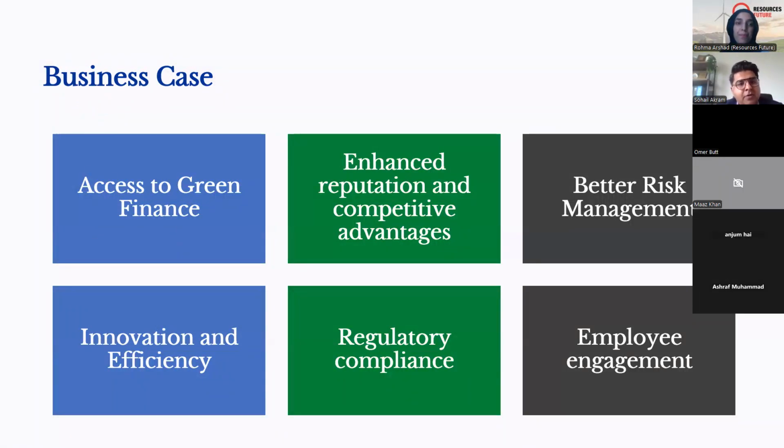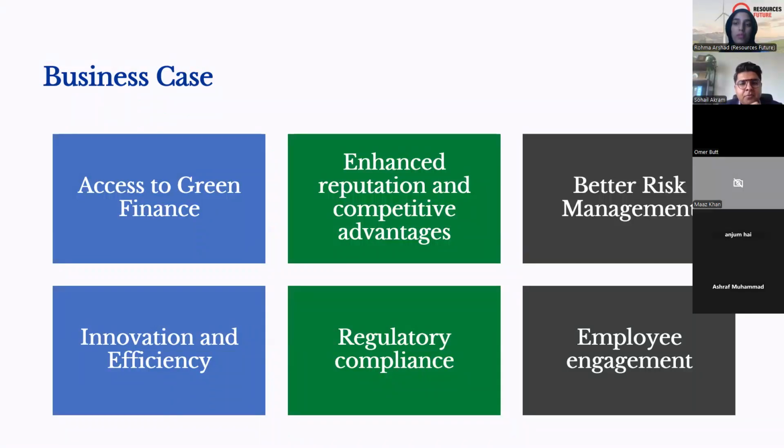Another important element is the export competitiveness, especially for the textile sector or the sectors which are involved in exports, can increase with sustainability reporting that is aligned with IFRS S1, as the global buyers' sustainability expectations would be met. Then another perspective could be better risk management, because with proactive ESG-related risks and opportunities, the risk identification would enable timely mitigation strategies.